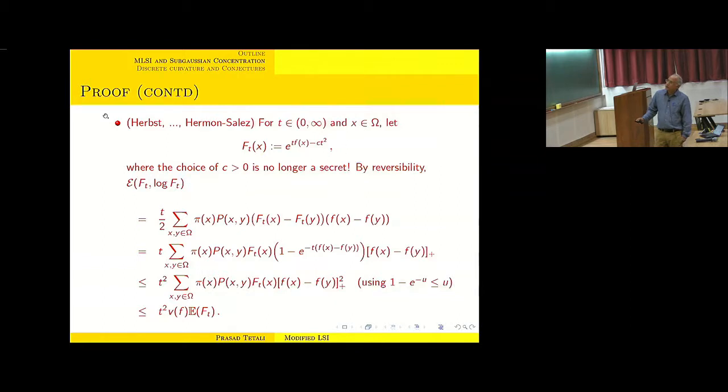So let's just go quickly. By definition, I have the Dirichlet form definition here. So pi x p x y F t x, and then log F t minus log capital F t becomes, because the capital F t is this, the c t square cancels in the subtraction, and you have t, so the t comes out here. It's just substitution of F t of x in this definition of Dirichlet.